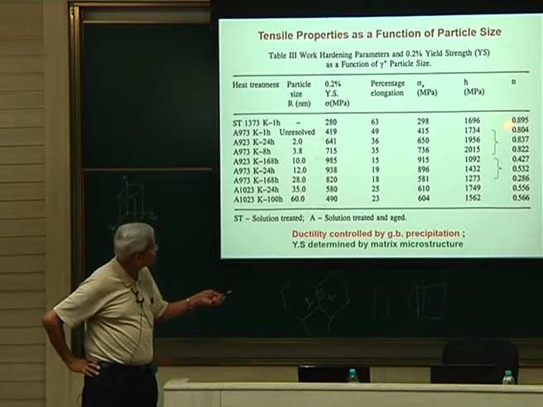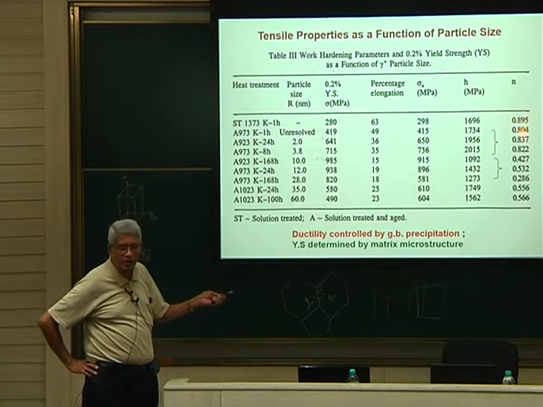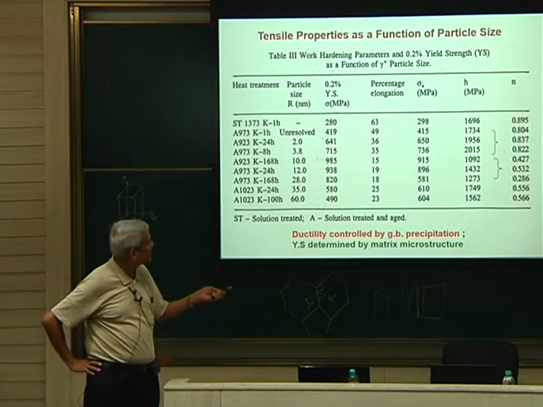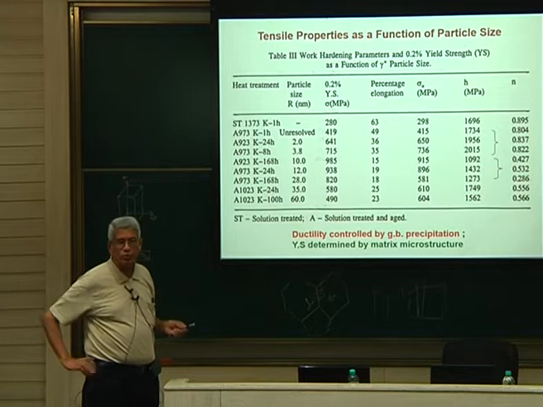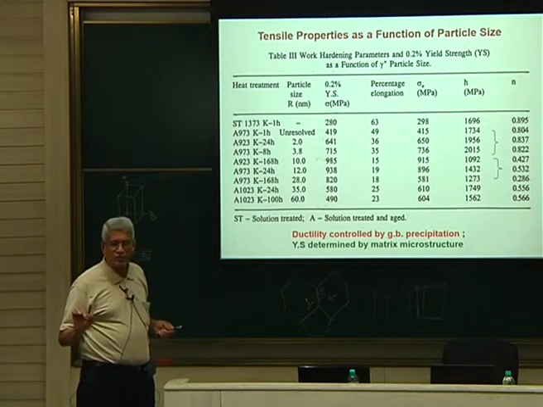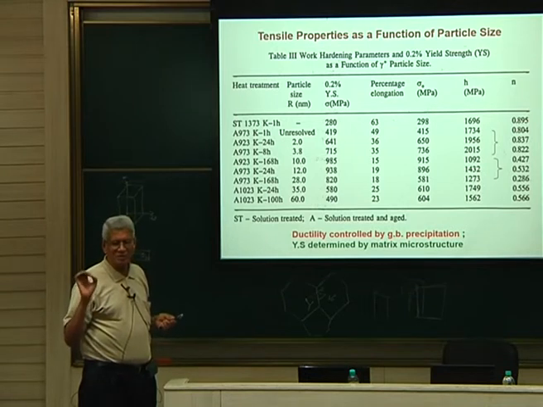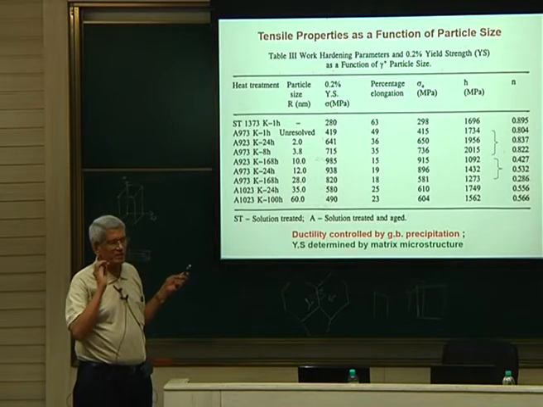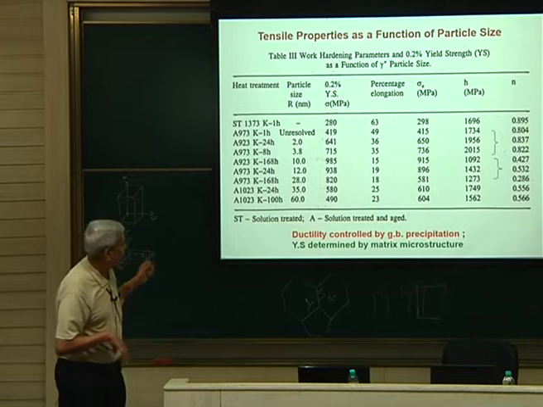You can see that for the solution treated sample, and the one where the precipitates could not be seen, it has a very large value. I could not locate that plot, otherwise I would have shown it. Anyway, I could get this table, and you see that beyond a particular particle size, the work hardening coefficient has dropped down. That means that compared to the solution treated sample, there is a change in the mechanism by which the dislocations are interacting. This is what one can conclude: the mechanism of deformation is different, from this plot.